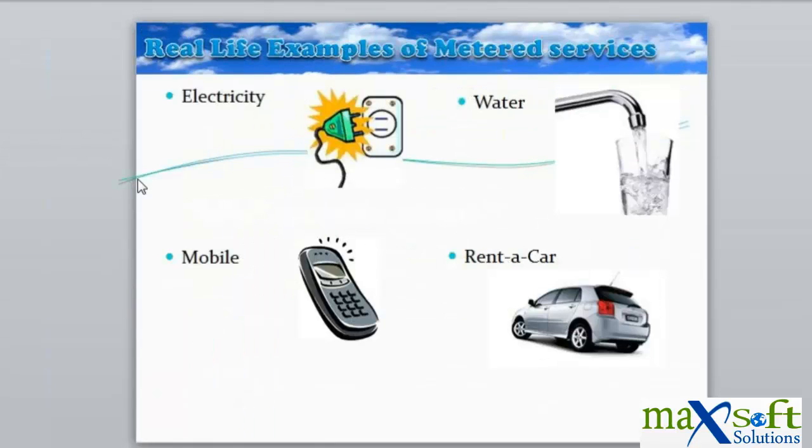A real-time example is electricity. Electricity is manufactured somewhere, and the services are provided by someone else. You just use the electricity and pay money for how much you use.